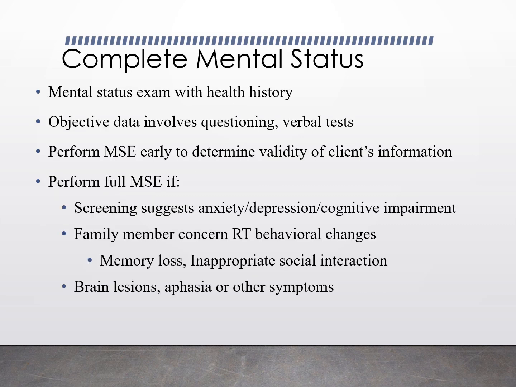So when we're asking them these questions, depending on what comes with their health history, you may need to perform a full mental status exam if the screening suggests that this patient is in an anxiety, depressive, or cognitive impaired crisis. You may need to do a full-blown evaluation or refer to physicians.